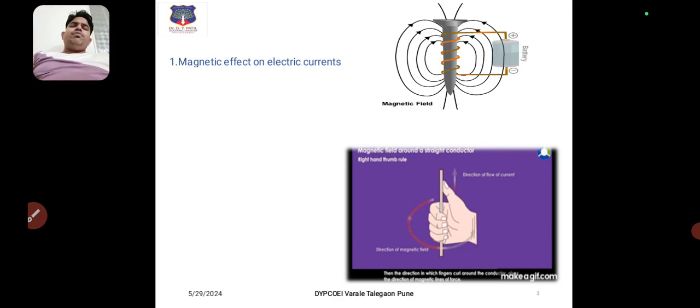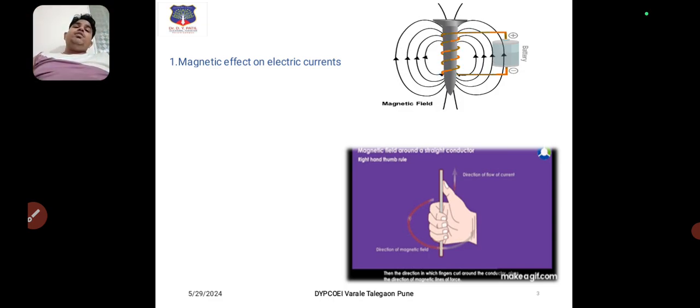Now some more concepts we will discuss: what is MMF, the magnetomotive force, what is flux density, and reluctance. Flux is nothing but the imaginary lines of force, and its unit is the Weber, where 1 Weber is equal to 10 raised to 8 imaginary lines. Magnetomotive force is the force required to drive the flux.